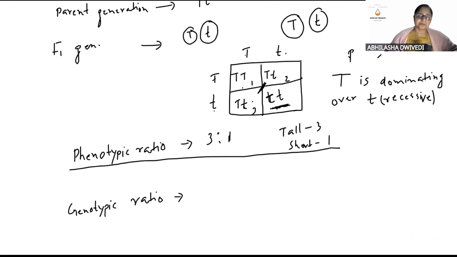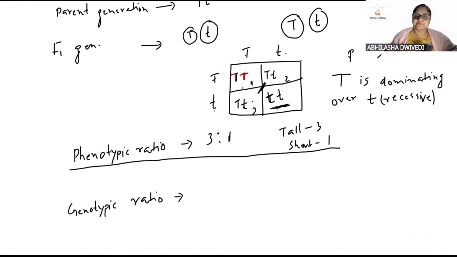Now, genotypic is a little more detailed than this. What is the meaning of genotypic? Genotypic means that, okay, it appears tall and it appears short, but what exactly is the genetic makeup? That means we are looking at the alleles. So this is the first one. Let me change the ink. Here both are dominant, right?